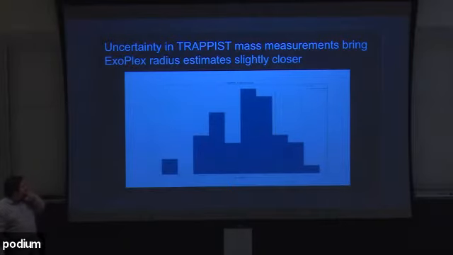So after that, we had a lot of time, so we thought, let's take the mass uncertainties in the TRAPPIST planets and see if we take into account those uncertainties, can we reproduce their radii? So for some planets, like TRAPPIST-1c here, we did a sort of Markov chain, Monte Carlo, no, just Monte Carlo simulation, drawing mass samples and using Exoplex to run those mass samples, which is very quick.